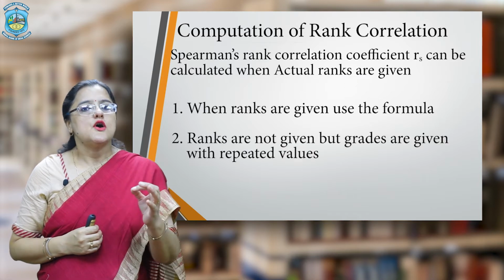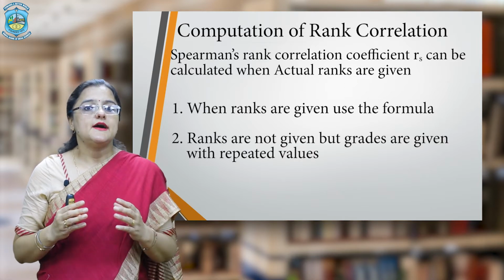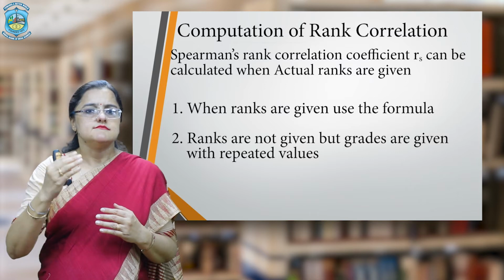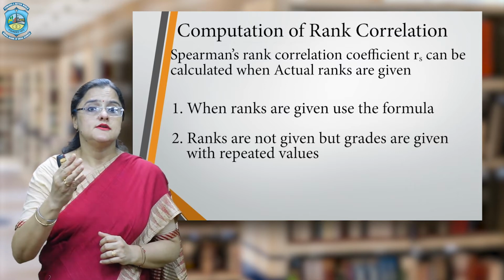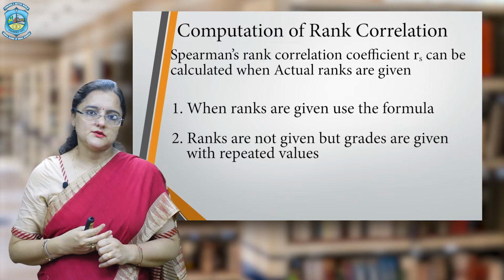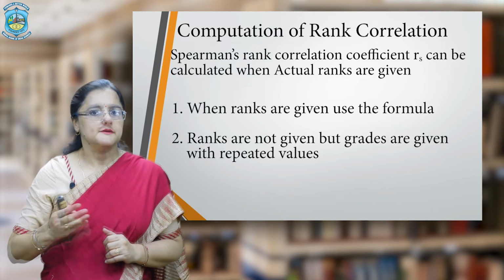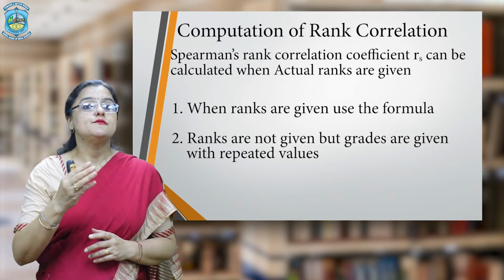Certain times you will not find the ranks given, but you will find the grades given or the marks or evaluation of some criteria which has been there to measure the attribute is given to you in the question, and they'll be quantified. So you'll see the grading in that and you have to rank that. And the third category of situation that you will face is ranks are not given, so you have to rank them first. Grades are given, the grades are repetitive in nature. So these are the three situations that we are going to handle in this video.